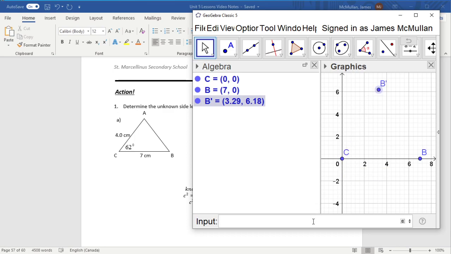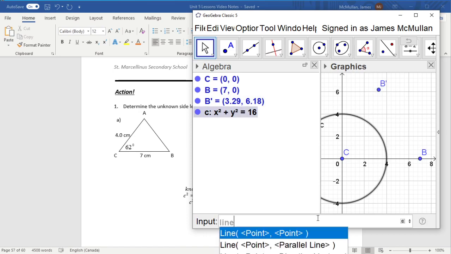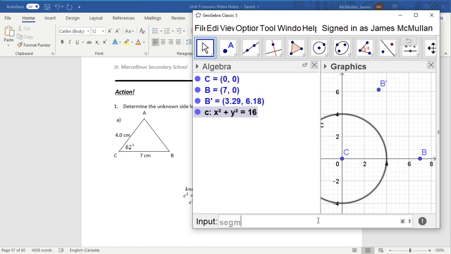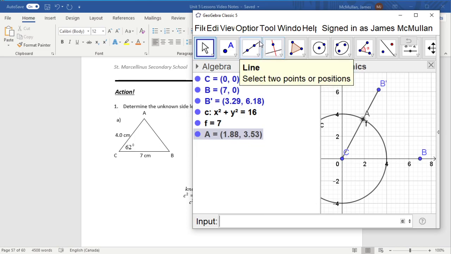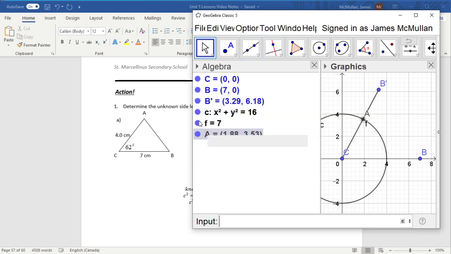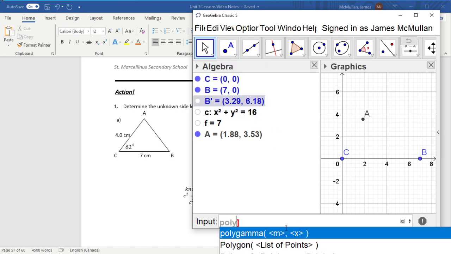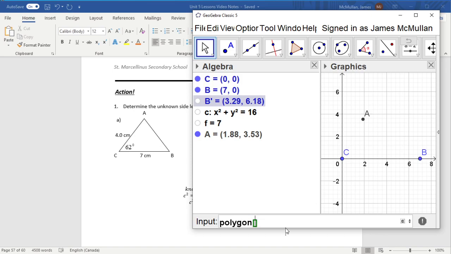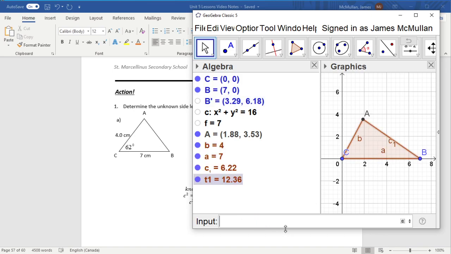Okay, so I know the other point has to be along this line somewhere, but it should only be 4 units away. So I draw a circle at point C with radius 4. I draw a segment from C to B prime, and then I intersect that segment with that circle. And I know that that's where the point should be. So now I can hide the segment and hide the circle. I can hide this point, and I can just draw a polygon A, B, C, and it should have exactly what we need, right?